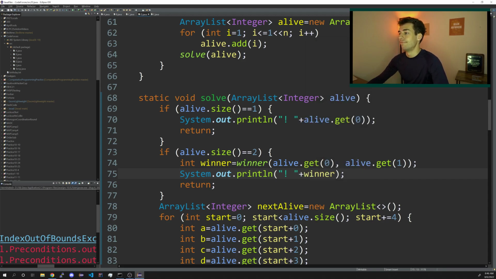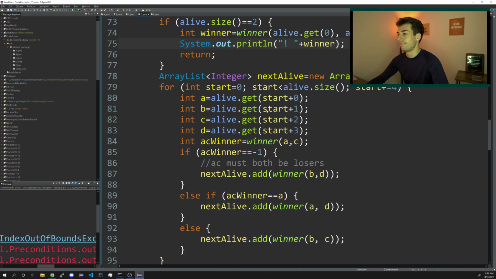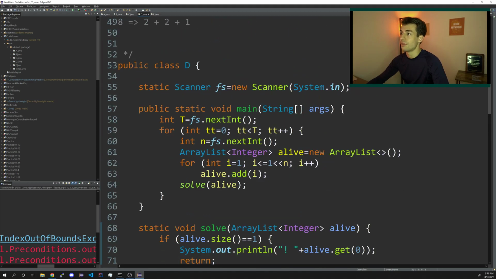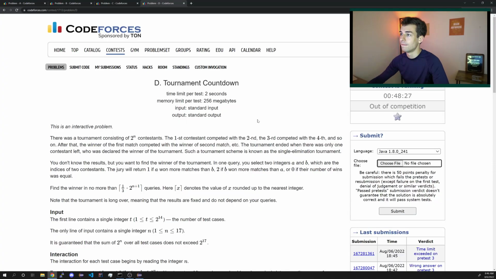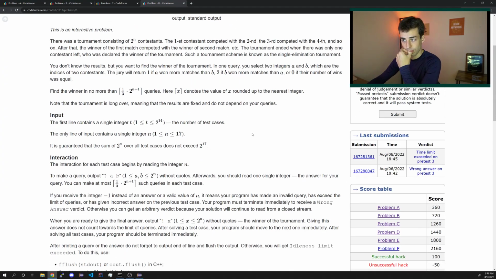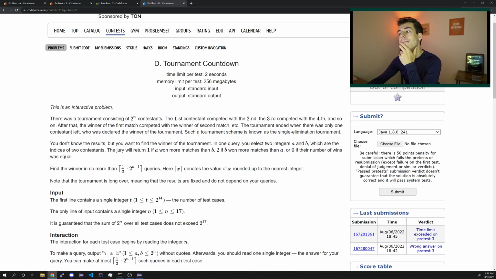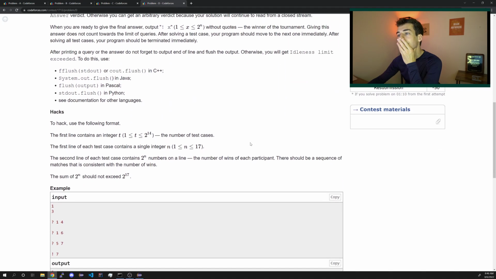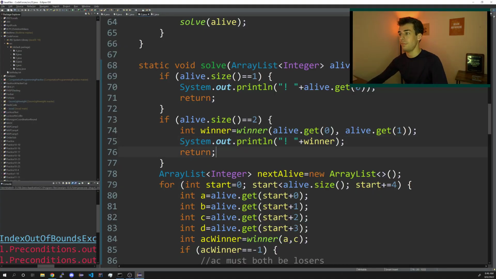Do we need a print writer? And then we flush it? Maybe we just need to do this in C++. So both of these cases return instantly.